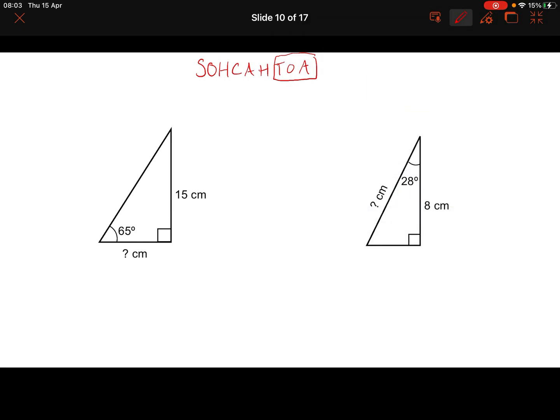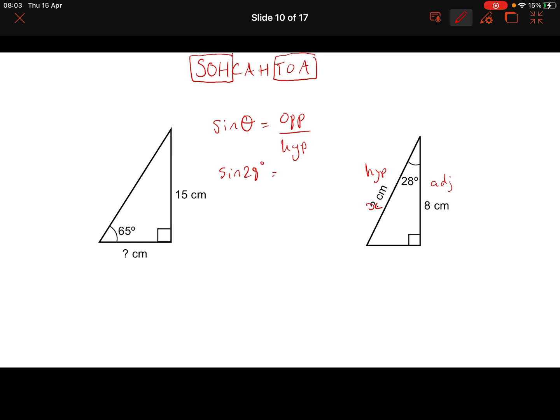Let's do the second one. So again, let's label first. This is the adjacent, and this x here is the hypotenuse. So I've got adjacent and hypotenuse. The opposite I've got no interest in. So it's opposite and hypotenuse, it's a sine. So sine of your angle equals your opposite over your hypotenuse.